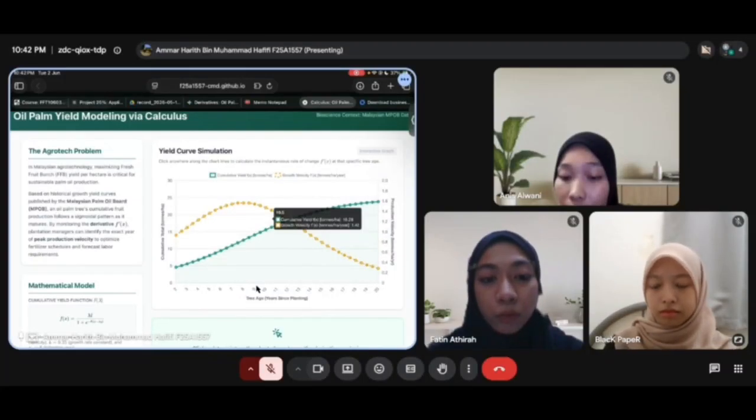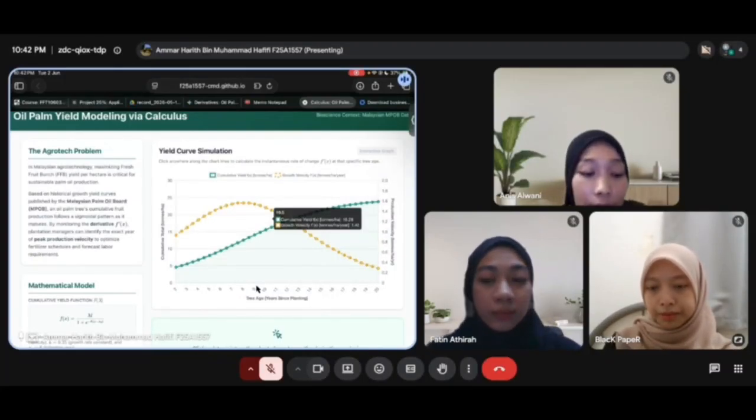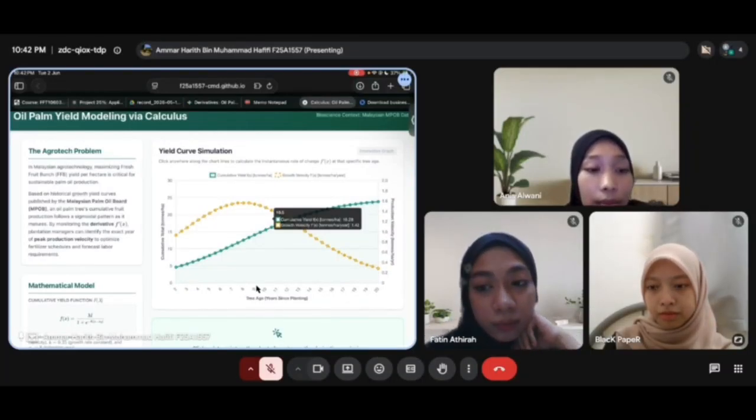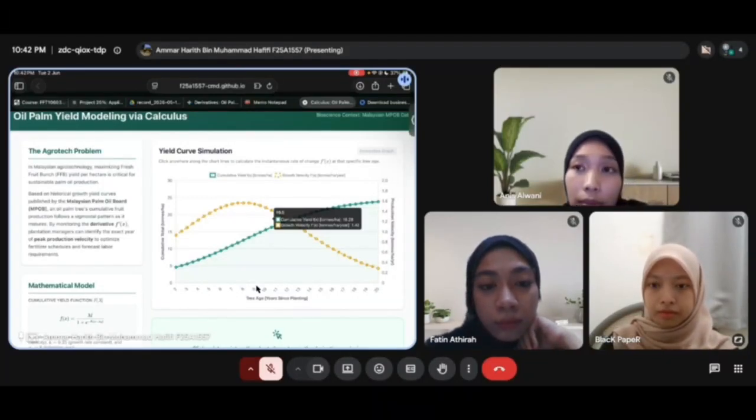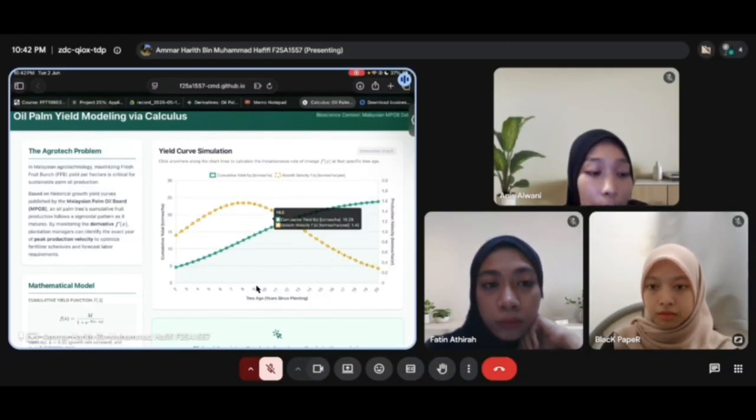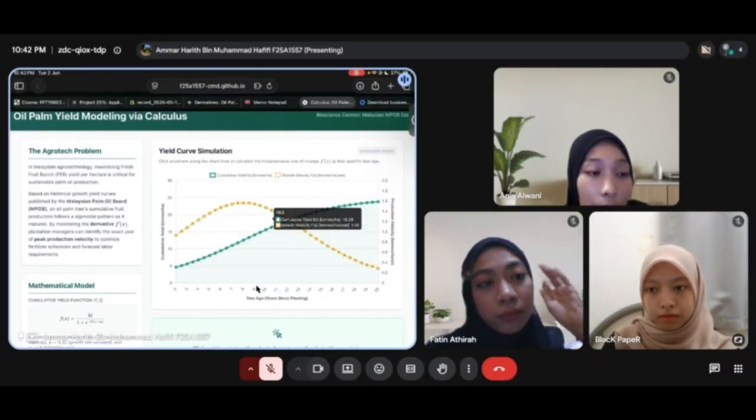First, let us discuss the problem statement. In Malaysia, agrotechnology maximizing fresh fruit bunch or FFB yield per hectare is very important for sustainable palm oil production. According to historical data from the Malaysian Palm Oil Board or MPOB, oil palm production follows a sigmoidal or S-shaped growth pattern.